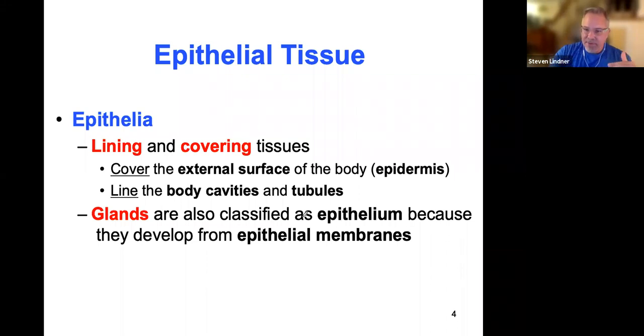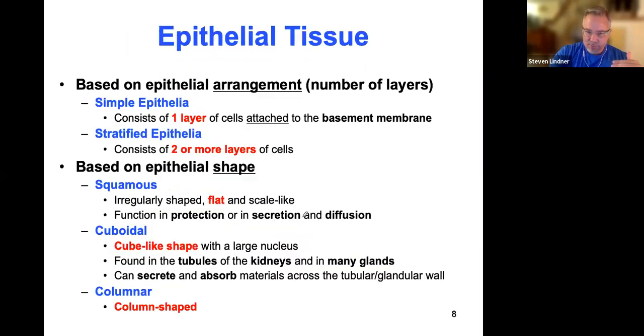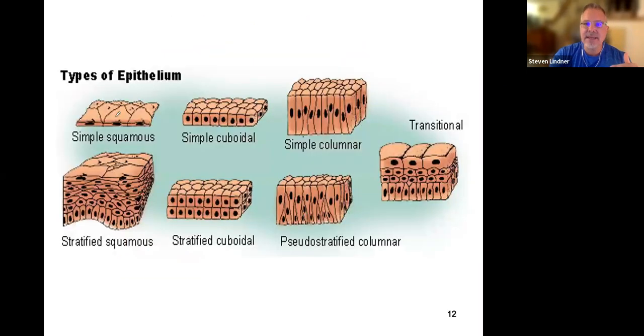When we look at epithelial tissue under a microscope, we're going to see a bunch of cells packed closely together, with little extracellular matrix, which means little space and substance between the cells. That's epithelium.